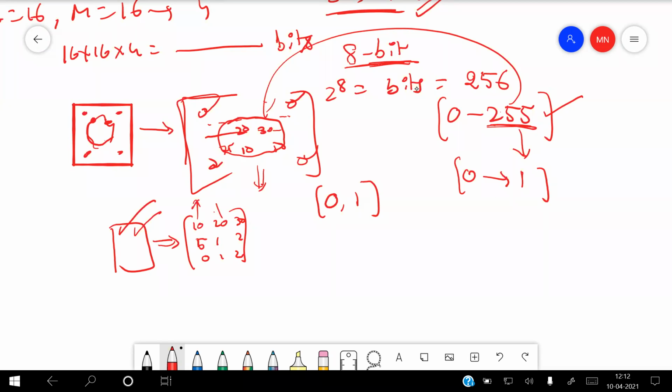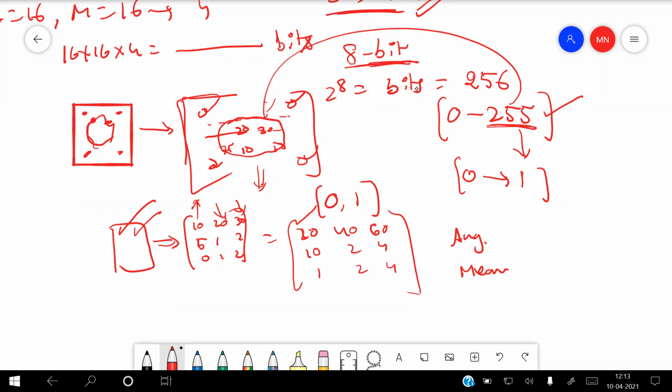So 10 increases to 20, 20 to 40, 30 to 60, 5 doubles to 10, 2 to 4, 1 to 2. I have used some averaging method, or mean value, or any method. You have to use one of the methods and enhance the gray level values. Then the picture quality is increased.